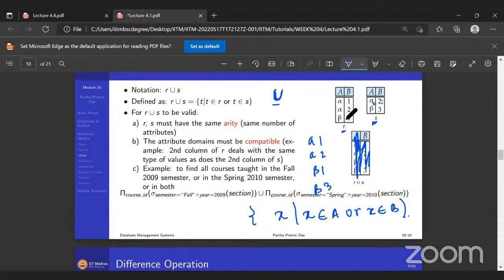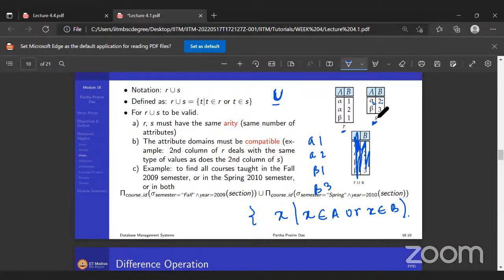Relational algebra is very much influenced by set operations, and the SQL one is based upon the multi-set, right? Are you getting this point?